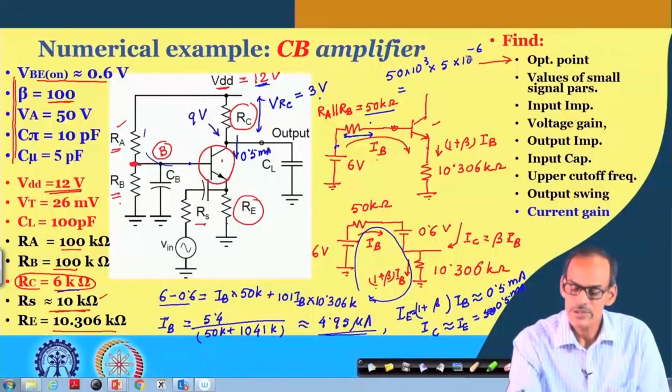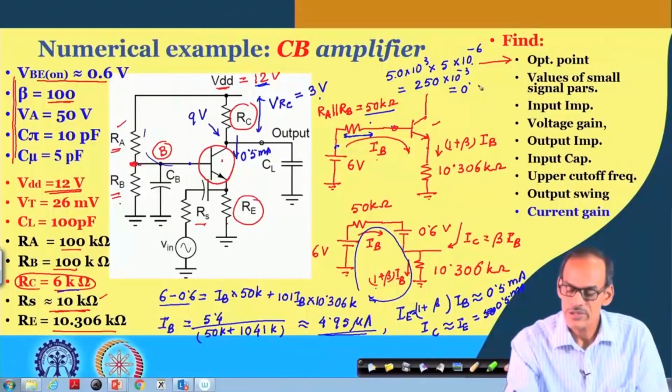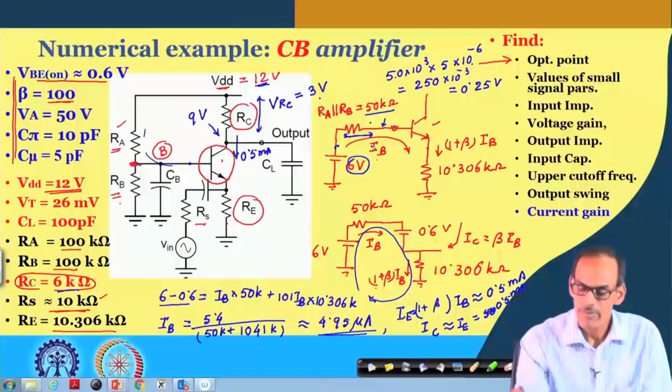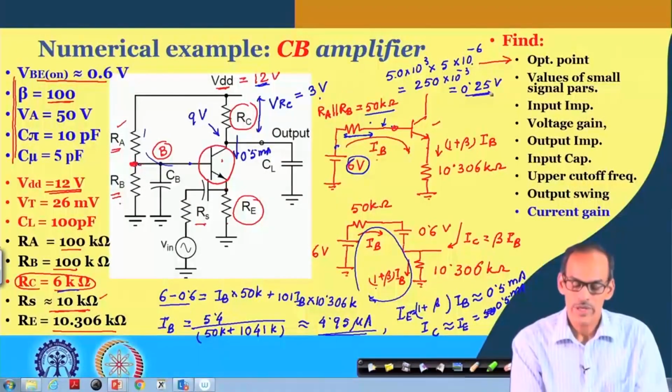So, that is 250 into 10 to the power minus 3, or we can say that this voltage is 0.25 volt. So, the voltage coming here is 6 volt minus 0.25.